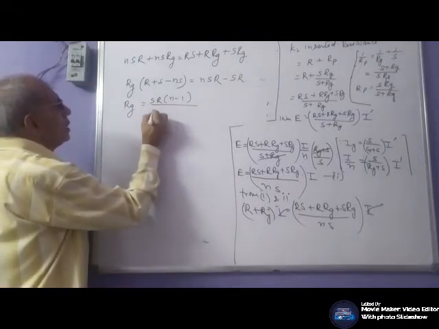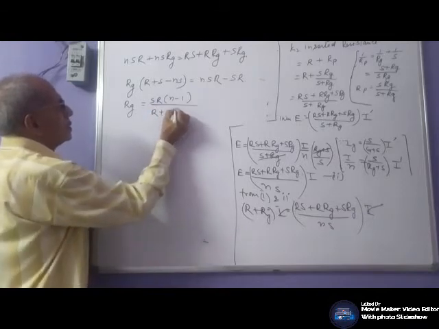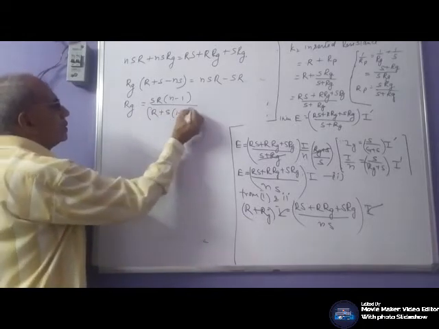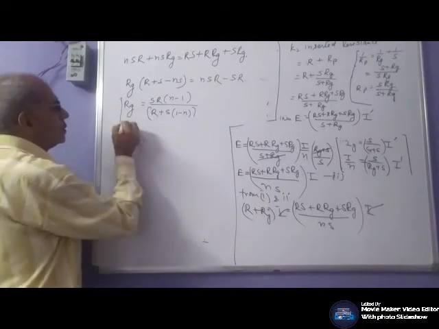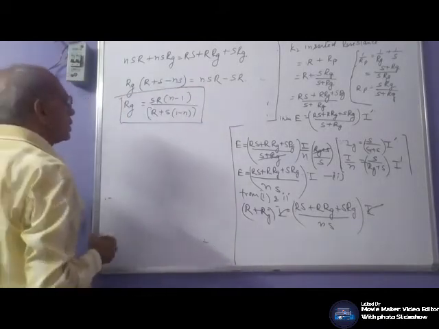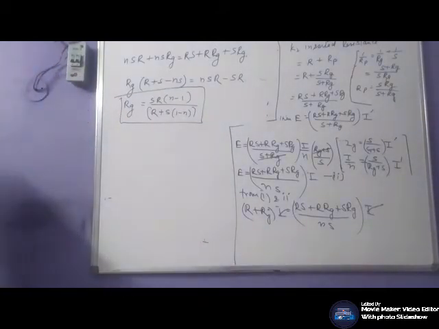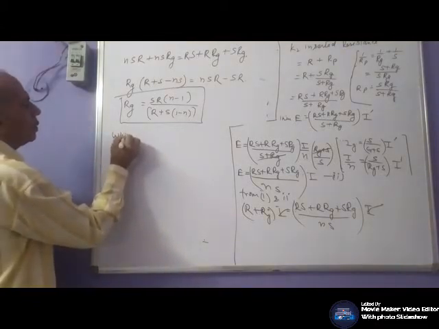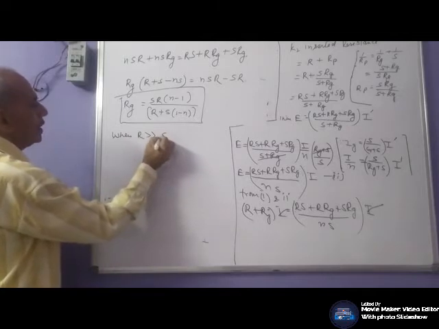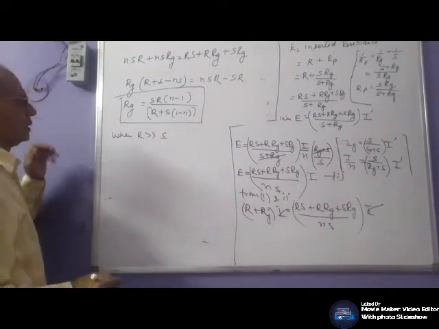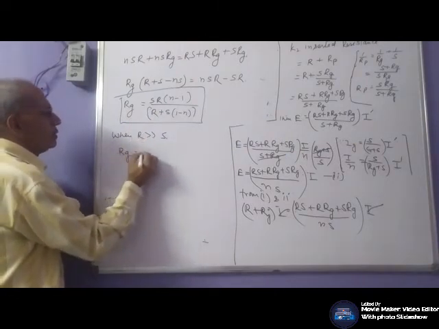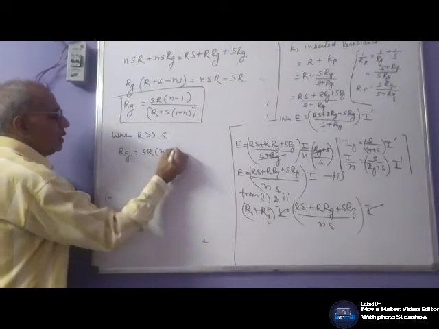This is Rs by 1 minus N. This is what, the resistance of the galvanometer. When R is very large compared to S, this S is neglected, Rg becomes SR n minus 1.